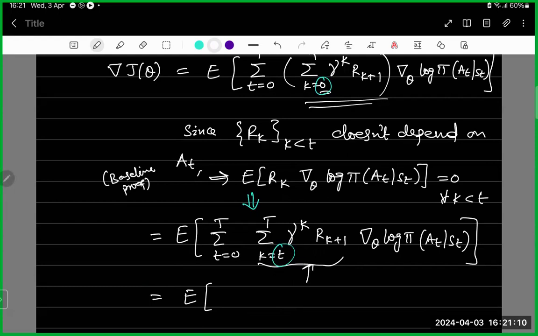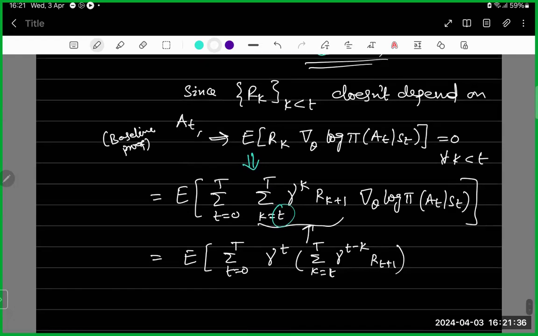Yeah, we just pull some gamma out, right? So what is that equal to? Gamma power t into, right? I just pulled gamma power t out.